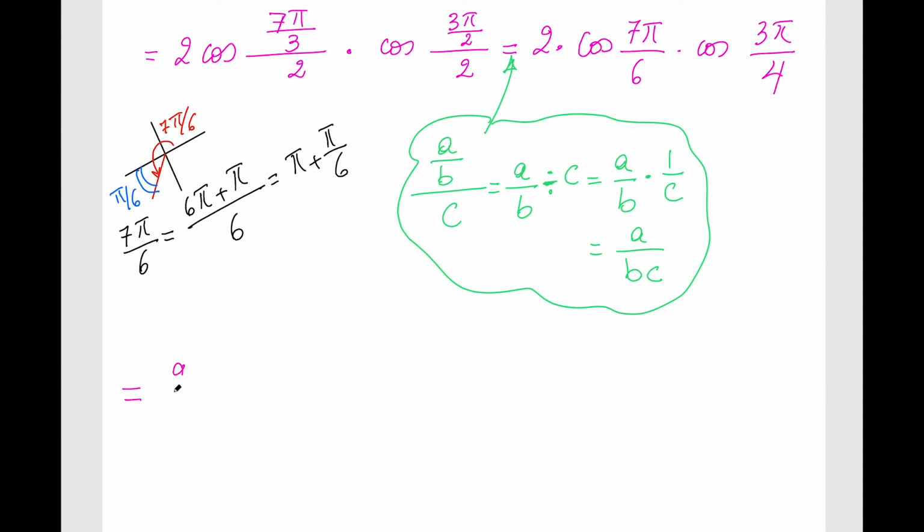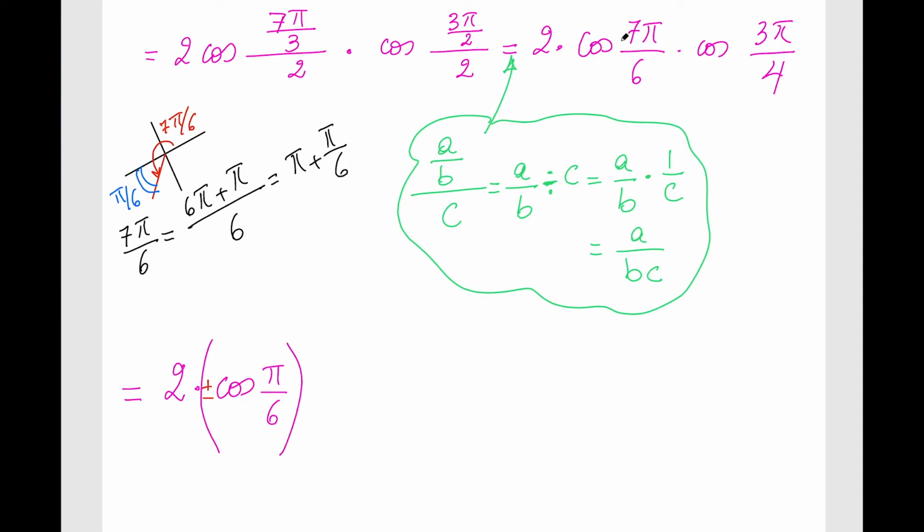This is 2 times cosine of, again, with a plus or minus, I need to determine that. Okay, so with a plus or minus, I need to find out what this sign is, and then times cosine acting on the acute angle, which is pi over 6. Correct?